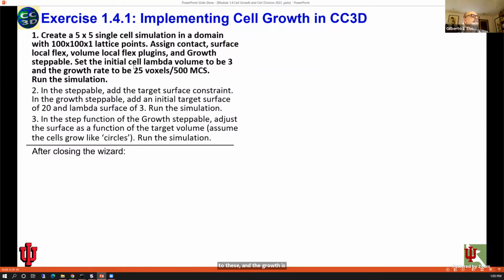Okay, set initial cell lambda volume to be 3, and the growth rate to be 25 voxels per 500 Monte Carlo steps. Okay, let's go to the NanoHub or desktop if you have, and try to build the simulation. Maybe you can do that in 2 or 3 minutes. I wait.